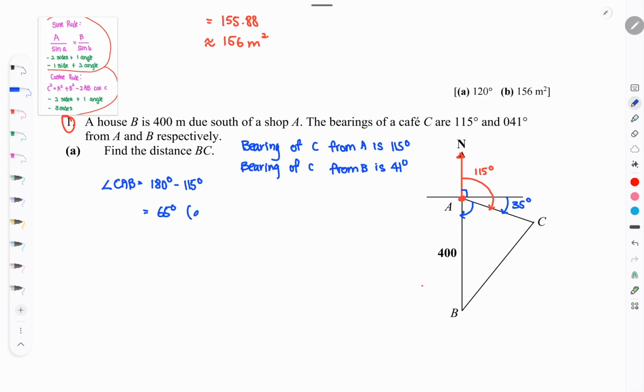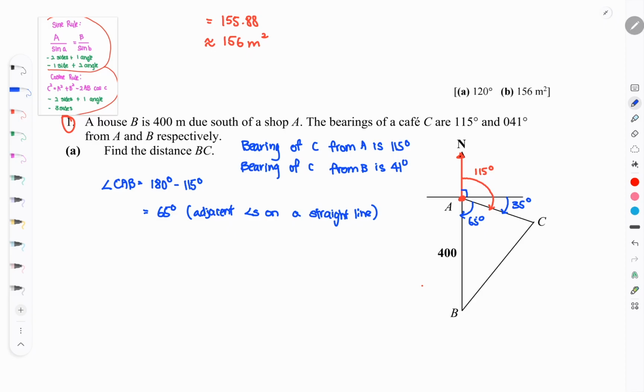So this one is just adjacent angles on a straight line. So I'll write down this is 65 degrees. What else can I find? For now we just leave it as that.